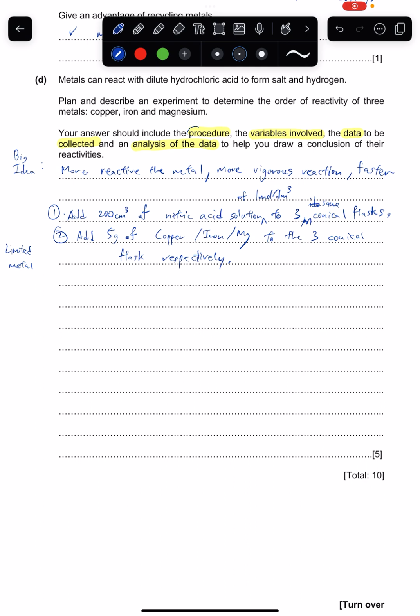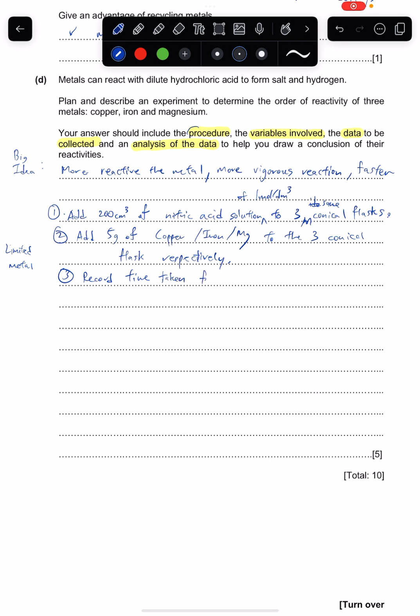Once you add, the reaction starts already. Then what are you gonna record? You're gonna record the time. So you can say record time taken. Time taken to do what? To go toilet? So you must be very specific.